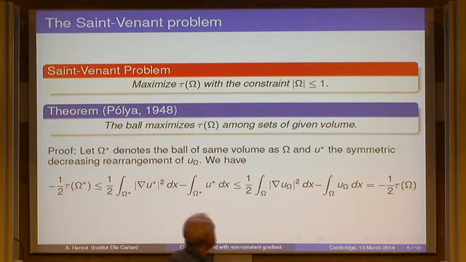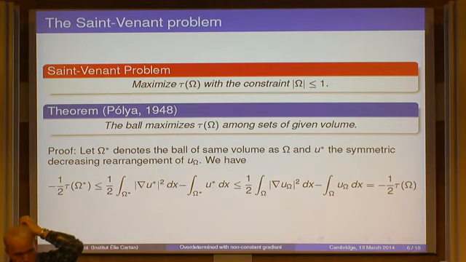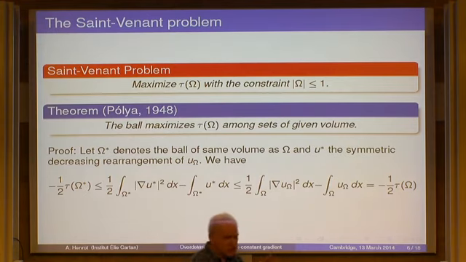So if I consider any domain omega, and I choose omega star, the ball of the same volume as omega, and I introduce u star, which is the symmetric decreasing rearrangement of u. It means that each level set of u star has the same measure as the corresponding level set of u omega, but for u star these are balls.